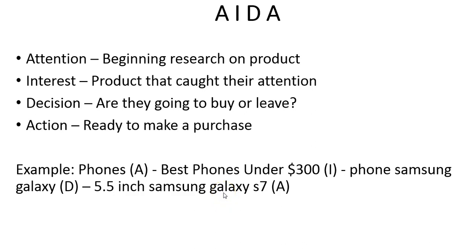They've already done their research. Now they're just looking for supporting documentation, like specs or prices, before they purchase, but they are definitely ready. So these are the keywords you want to start looking at. That is the process people's minds go through when they're searching for something to buy.